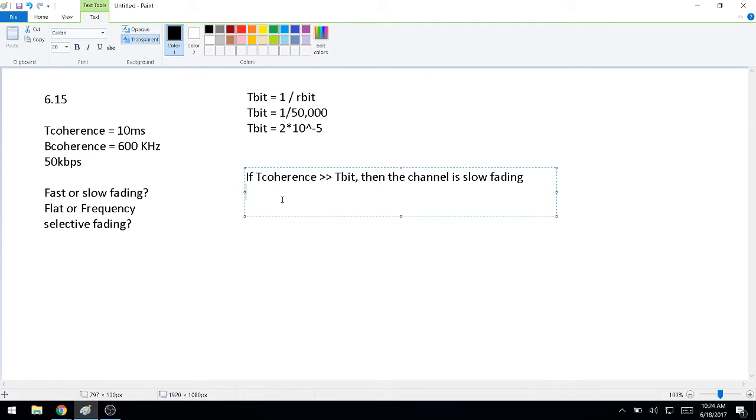If we compare our two numbers, we have 10 milliseconds compared with 2 times 10 to the negative 5th. Let's get rid of our 10 milliseconds and make it back to our base unit. Instead of saying 10 milliseconds, we can say 0.010.